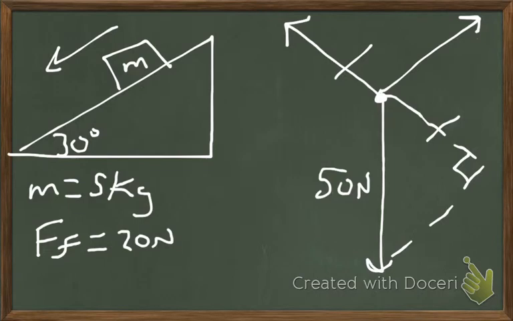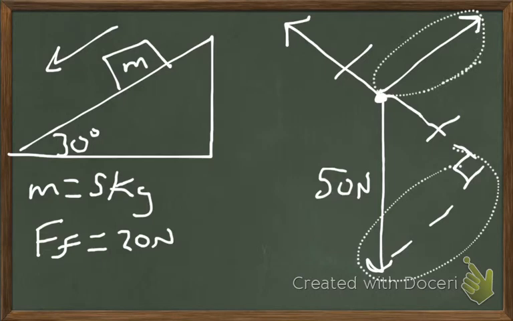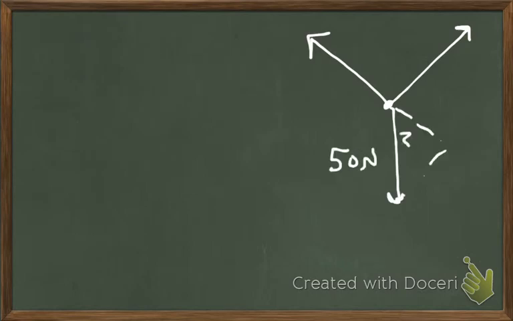Alright, so when we look at our diagram, those two components will have to cancel. And the other two, so this one and that one, they will not cancel. One of them will be bigger than the other. Let's redraw it over here. So we've got 30 degrees, 50 newtons here. We can calculate the rest of that triangle and try to figure out all the forces.